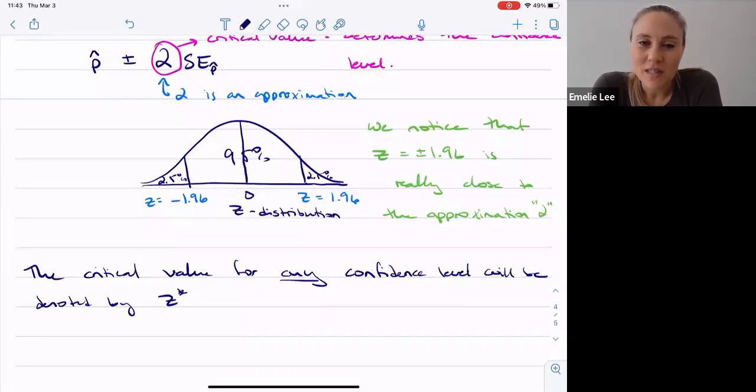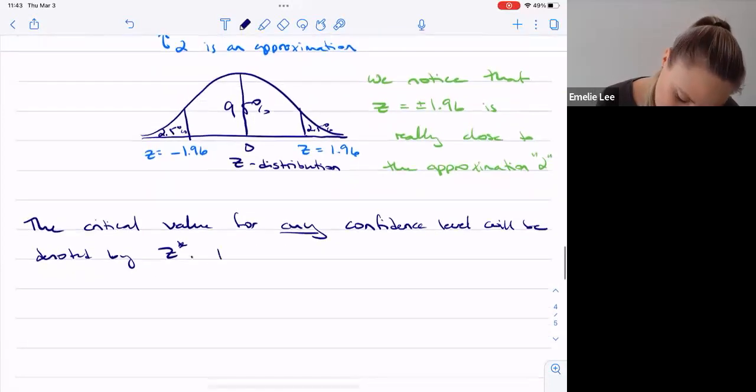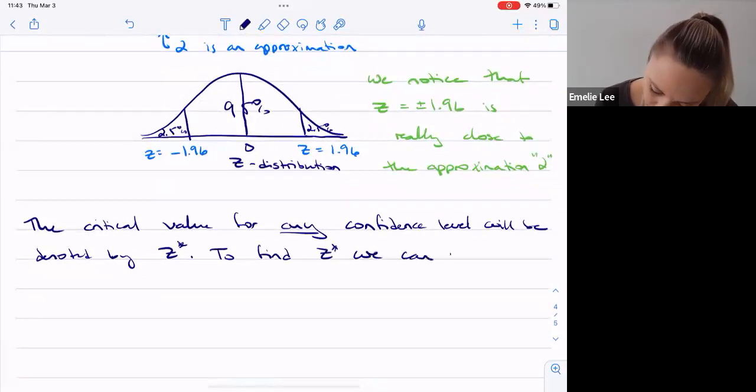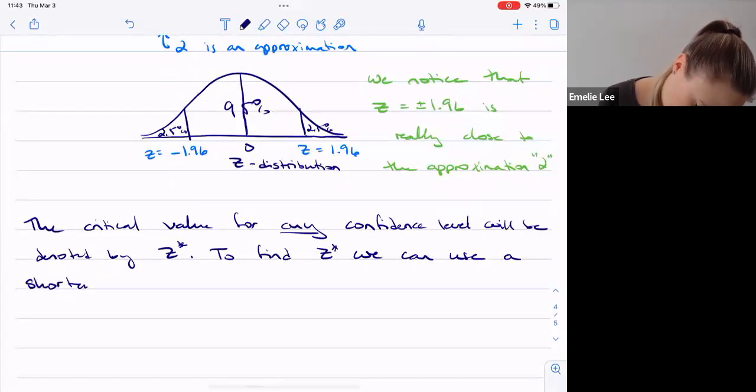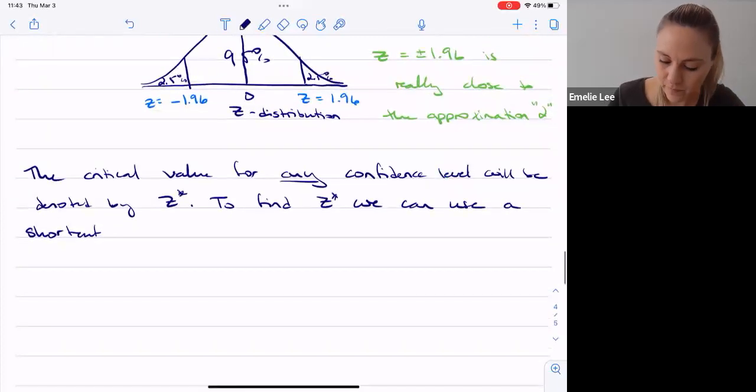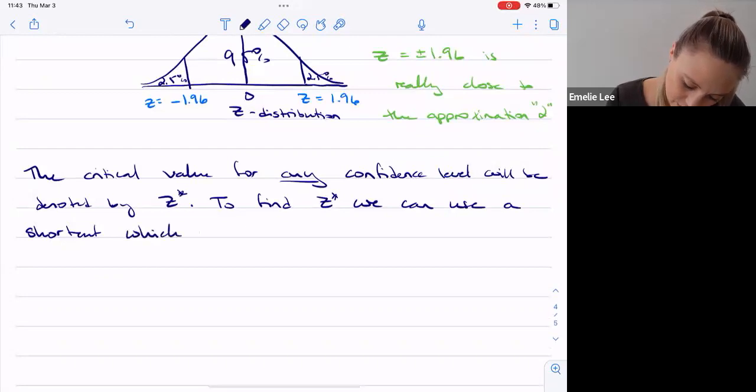So instead of using the Z table and finding it every time, we have a shortcut that I want to show you. To find Z star, we can use a shortcut, which is in table C, or the T table.